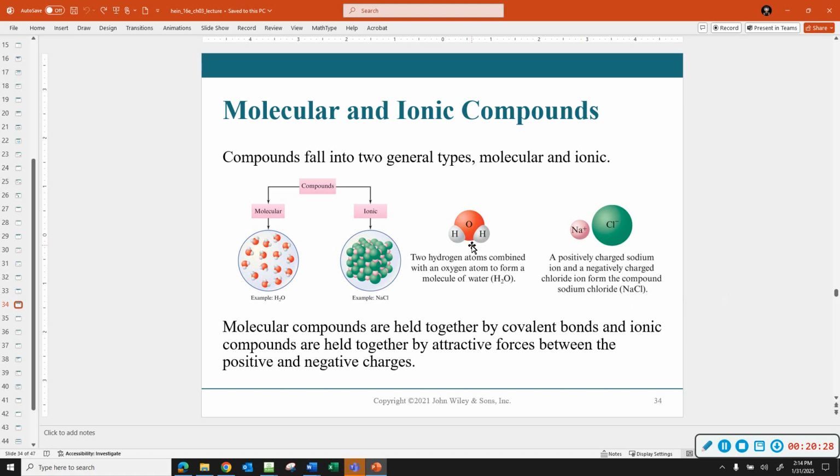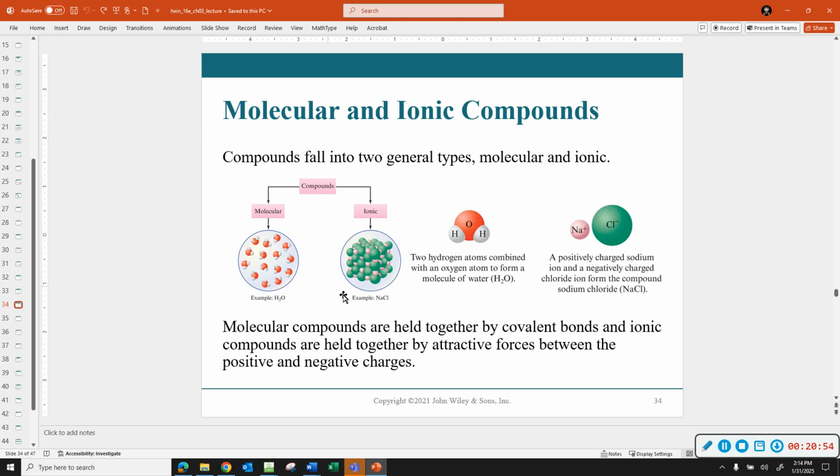Here with water, you've got hydrogens that seem to be pushed away as far as they can get from one another, and there are no charges to this. They are sharing the electrons between each other to form a compound.